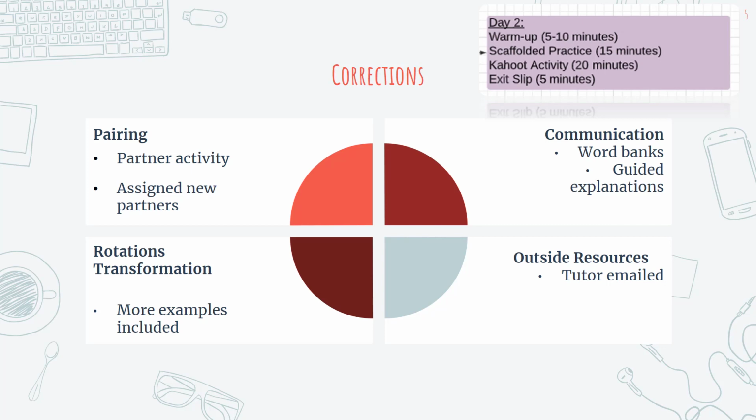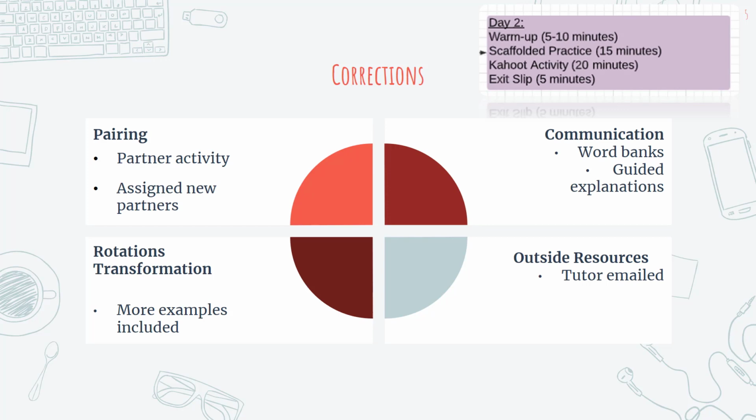Many corrections were made given the data and results from the 2 struggling students on day 1 of the course. The first thing being that the scaffolded practice was changed to a partner activity and new partners were assigned. The 2 struggling students were split up and paired with students who I felt did a remarkable job communicating and justifying the reasoning the day before.